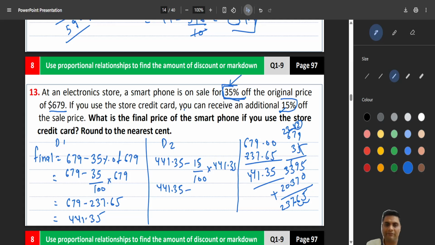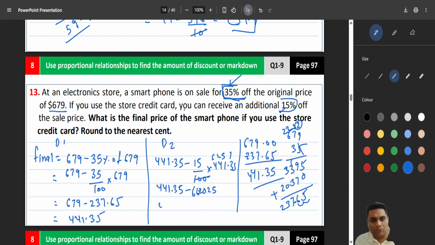I will just solve it quickly. 15 multiply 3, 45, 45 and 7 will be 52, 2 here 5, 15 multiply 1, 15 and 5, 20, so 15 and 60, 62, then 60, 66, and then there are two zeros and 2 points here, so 1 2 3 4, this will be 66.2025.